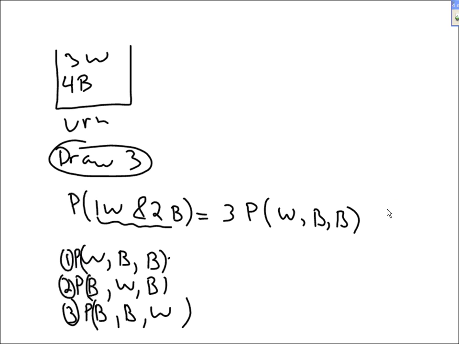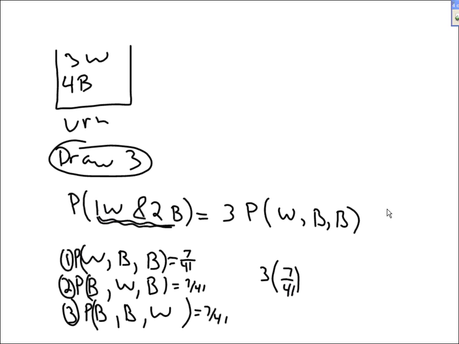For example, this is not going to be true, but if this is 7 over 41, and this is 7 over 41, and this is 7 over 41, well then the probability of getting 1 white and 2 blacks would just be 3 times that common answer.